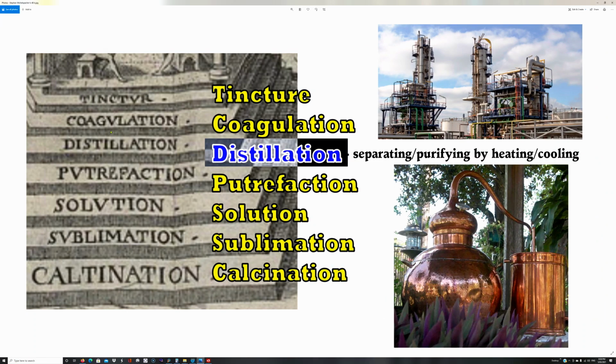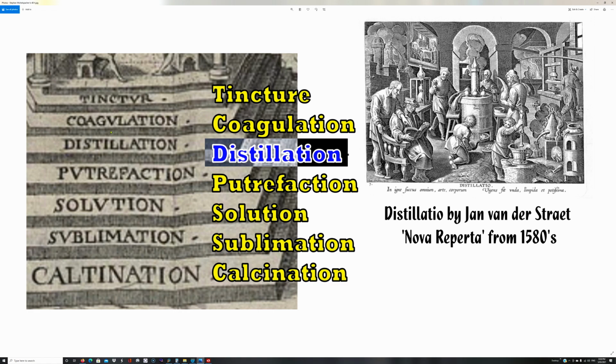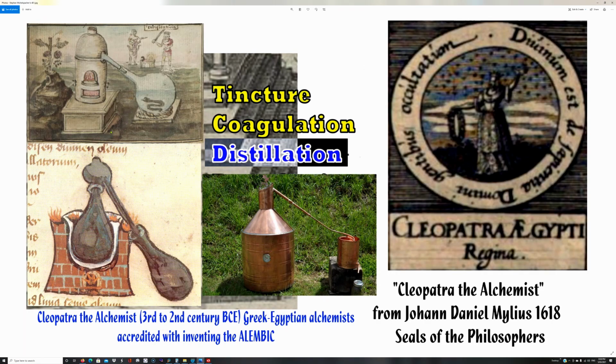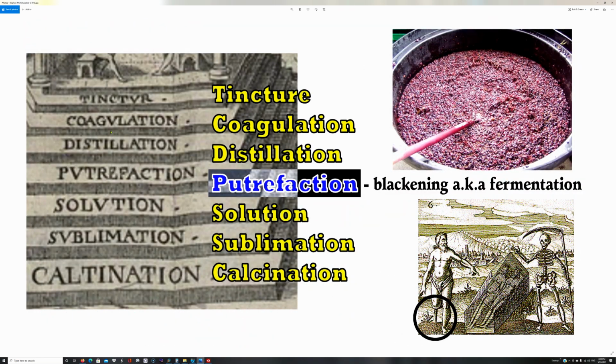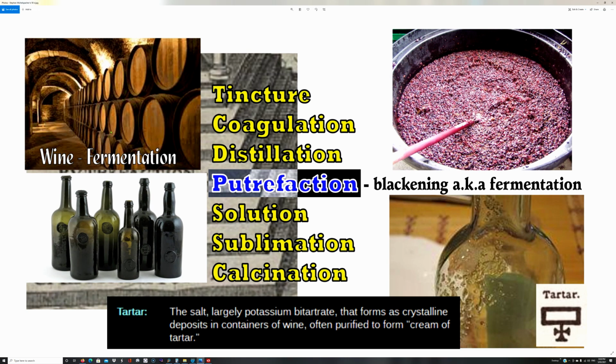So distillation, whether it's fuel or for alcohols, and again you'll see it in all the old works. And putrefaction, which is also fermentation or blackening. So for wine making, fermentation, beer making, so it's these applications that are overlooked as well.